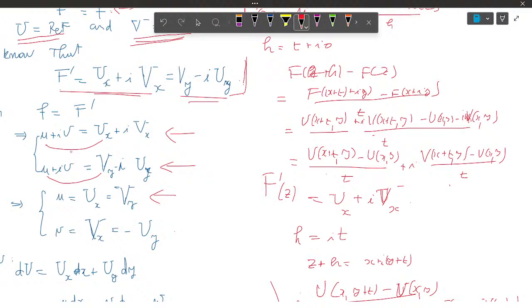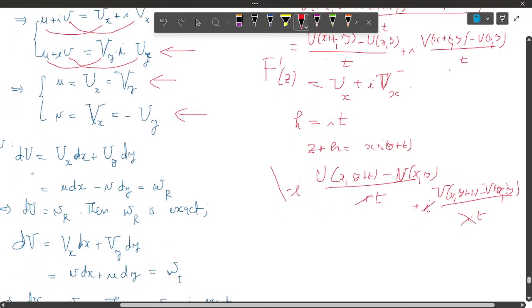We can also see that small v is equal to the partial derivative of capital V with respect to x, and small v is equal to minus the partial derivative with respect to y of capital U, which gives us the second set of equations.